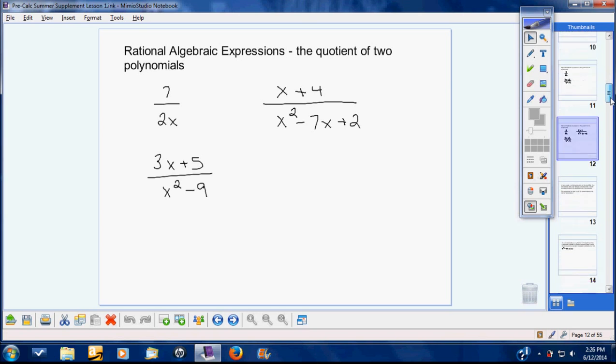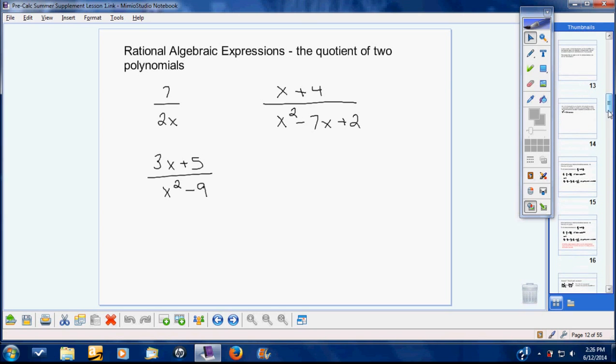And what we are going to be doing is looking for ways that we can check to see if these expressions can be reduced. Okay, not all of them can be reduced, but we need to be able to reduce them if possible. Just like all regular fractions can't be reduced, some of them are already reduced. But we need to be able to find ways to check to see if they can be and not make any fatal flaws.